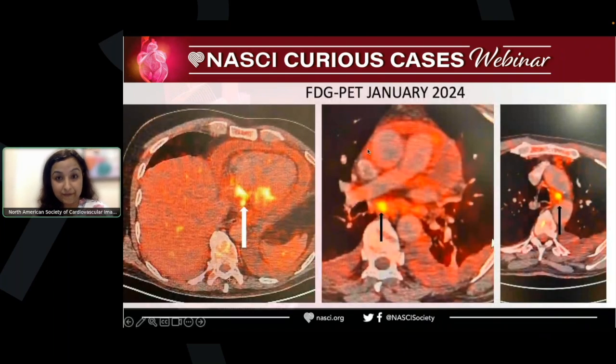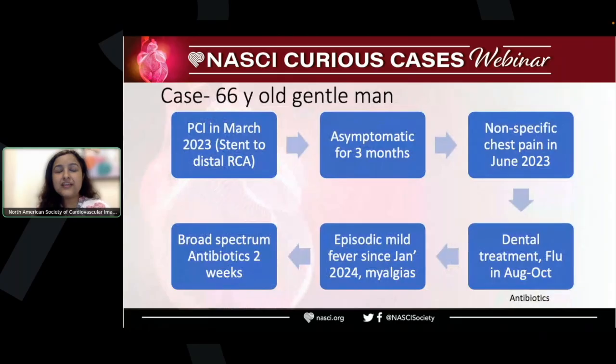So FDG PET was done as well, and as expected, it showed uptake in the peristent region here. This is the inflammatory node that was seen, or an infective node. There was uptake in the lymph node here, in the mediastinum as well. So the patient was considered okay.